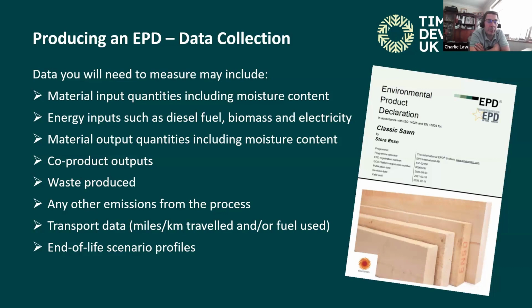Any waste produced from the production process that you have to dispose of. Any other emissions from the process, so any fugitive emissions, that may be off-gas or anything of the product, not necessarily something you have too much of for timber. Any transport data, so miles or kilometers traveled and the fuel used, and also developing those end of life scenarios for your products.